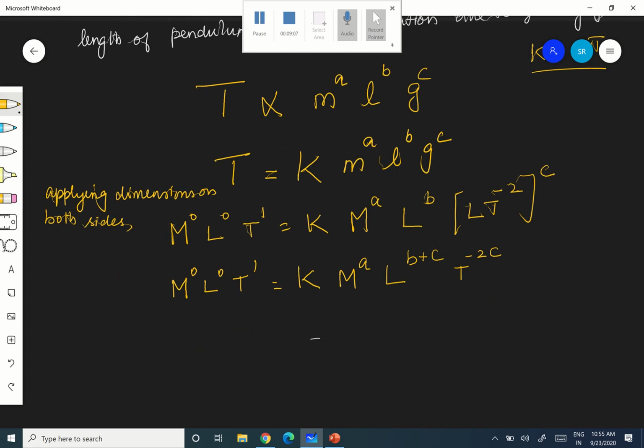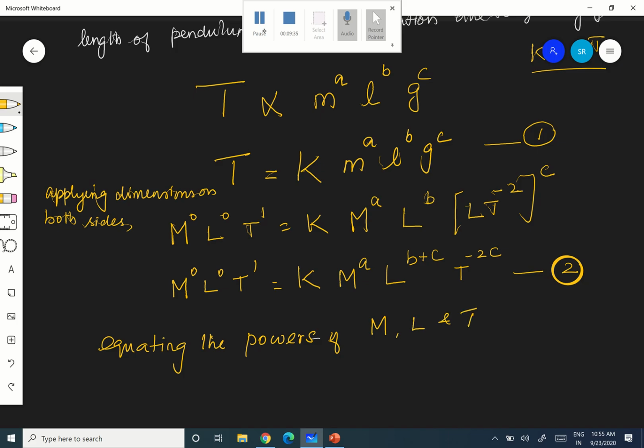Okay. Therefore, let me give some equation numbers. This is equation number 1. And let this be equation number 2. Now, what is the next step? The next step is equating the powers of M, L and T on both sides.